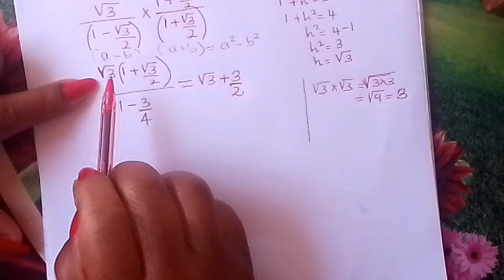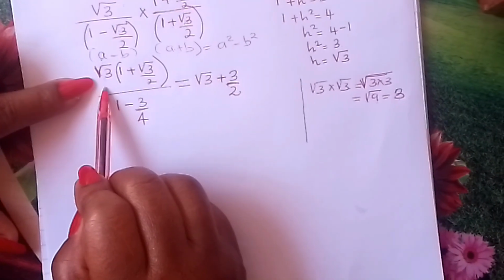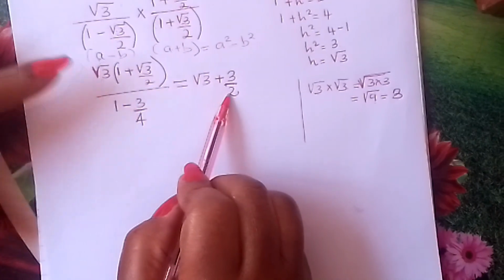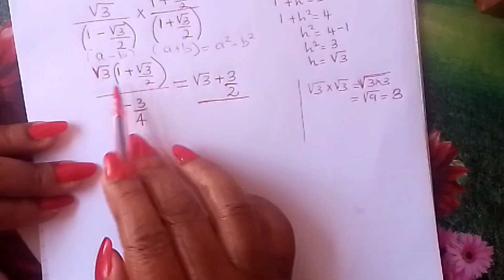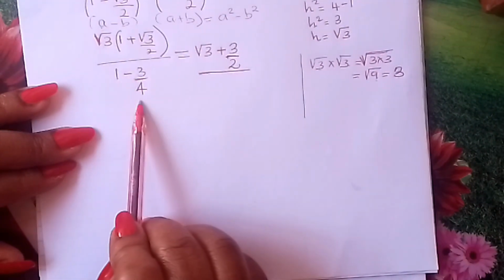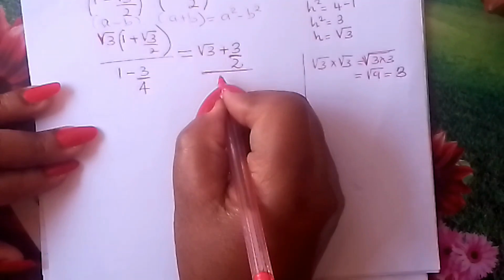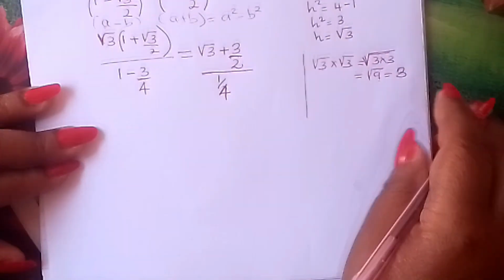Look at that. This times this is 3. It's like you have a 1 here. 1 times 2 is 2. The denominator remains the same. Divide by what? So you remove that bracket accurately. Divide by 1 times 3, 1 minus 3 over 4 is a quarter. A quarter, learner.